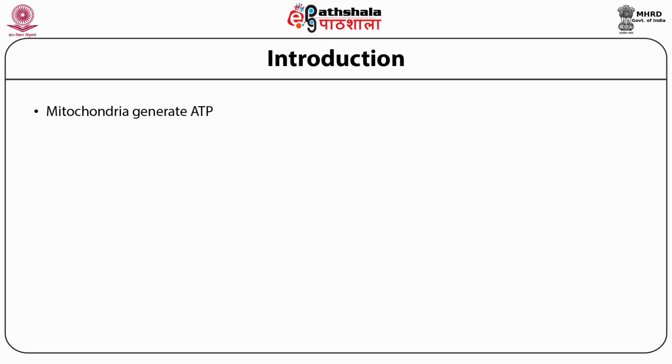Mitochondria generate ATP through oxidative phosphorylation in eukaryotic microorganisms. Oxidative phosphorylation is the process whereby the free energy released when electrons are transferred along the electron transport chain is coupled to the formation of adenosine triphosphate from adenosine diphosphate and inorganic phosphate.